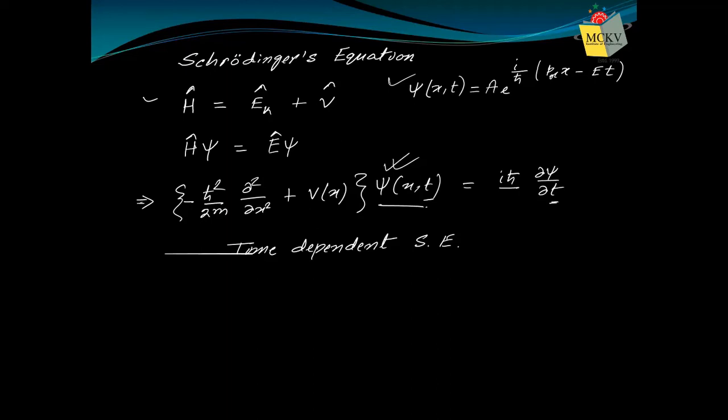Once you know psi, you can estimate other quantities. But please keep in mind, you cannot say for sure what the value will be. You can say probability: the probability of finding the position, the probability of finding the momentum. But for that also, you require the knowledge of psi. So in other words, all information of a moving particle is within this psi quantity.